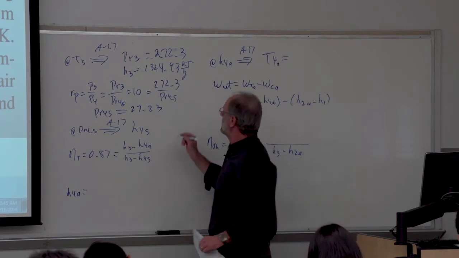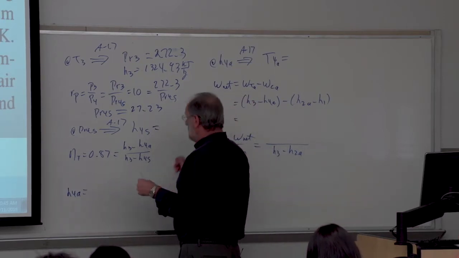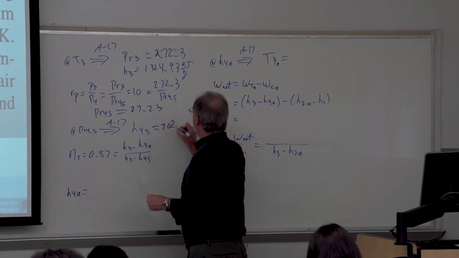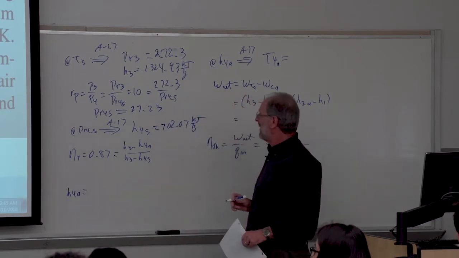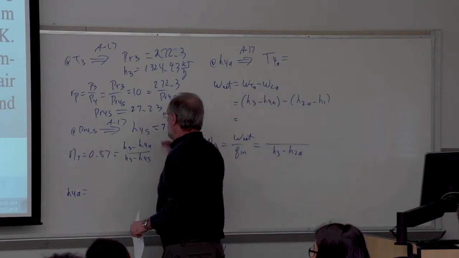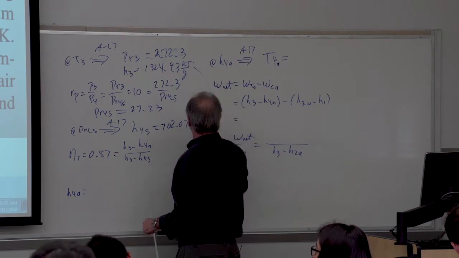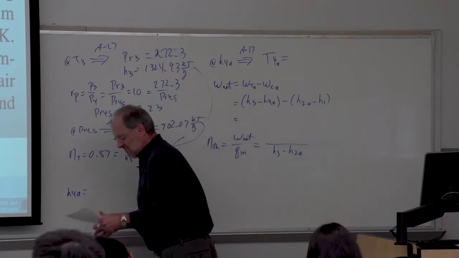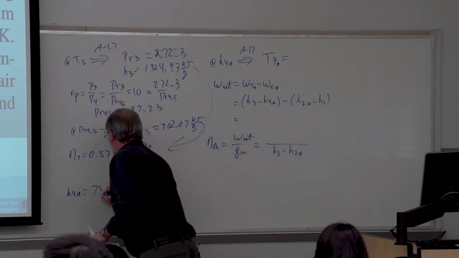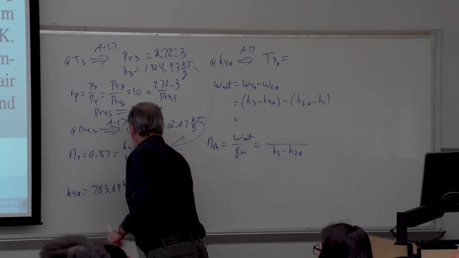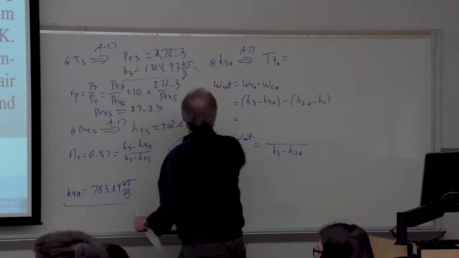And again, by interpolation, we get the enthalpy at 4S, which is 702.07 kilojoules per kilogram. And again, once we go through the mathematics, just plug everything in below. And that allows me to find the actual enthalpy, which is 783.04 kilojoules per kilogram. So we have all of our enthalpy terms.